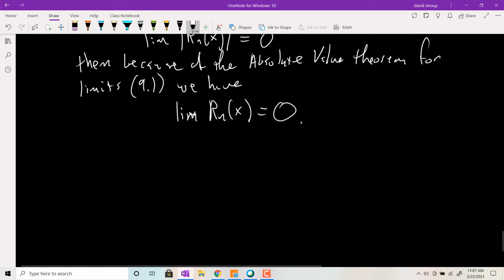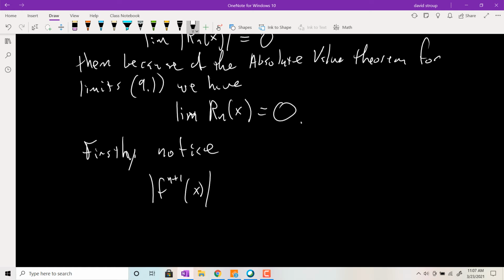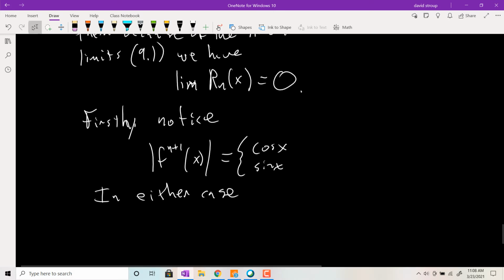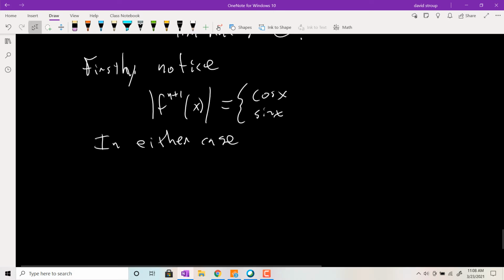Okay. So firstly, notice that the absolute value of the n plus first derivative of x is going to equal one of two things, right? It's either going to be sine of x or it's going to be cosine of x. In either case, the maximum will be 1.